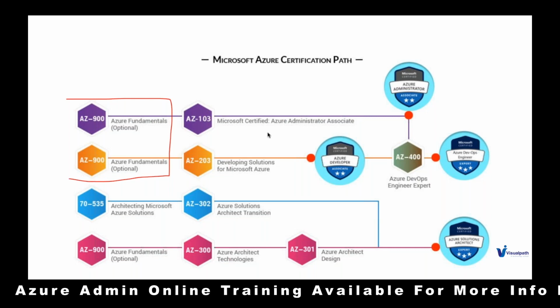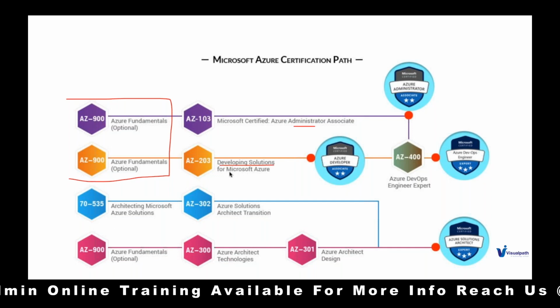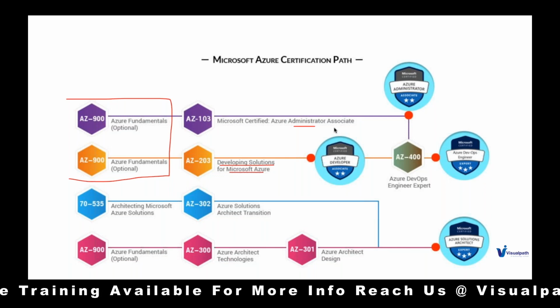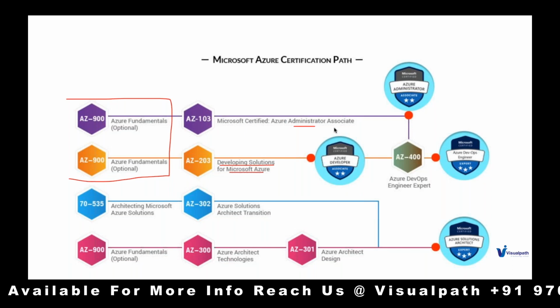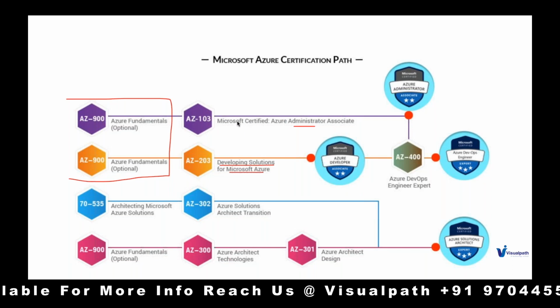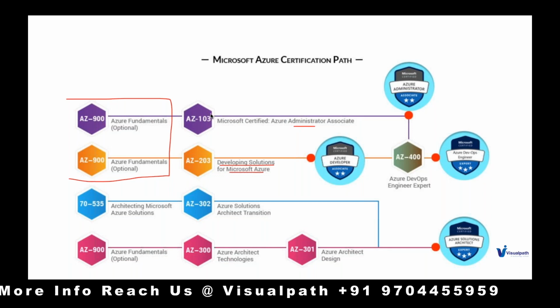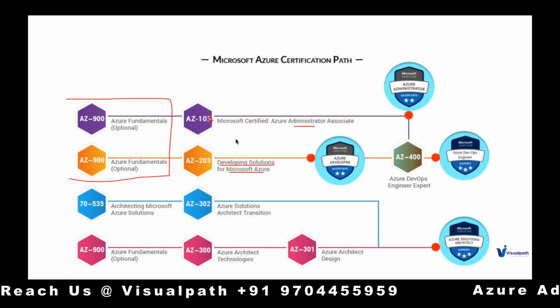And there are two main tracks. One is Azure Administration and the other one is developing solutions for Microsoft Azure. Azure Administration is purely the administration part. Here we are not developing anything. We will be managing the infrastructure in Microsoft Azure. AZ103 was the earlier paper code, and last year it was modified and is now called AZ104, which we are learning.